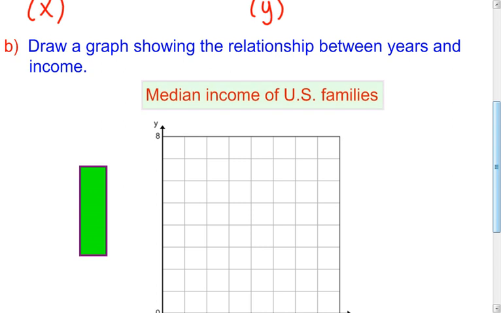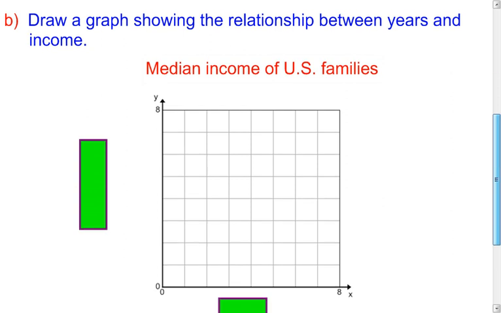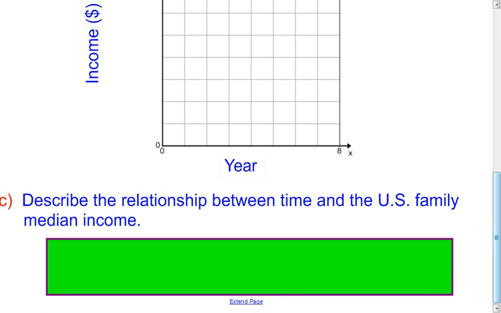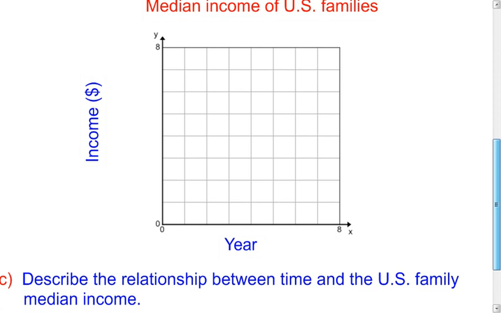In this case I would call it median income of United States families. Then the independent variable has to go on the x-axis. In this case, the independent variable is time, or what year it is. The dependent variable always goes along the y-axis, so in this case, we're talking about money.